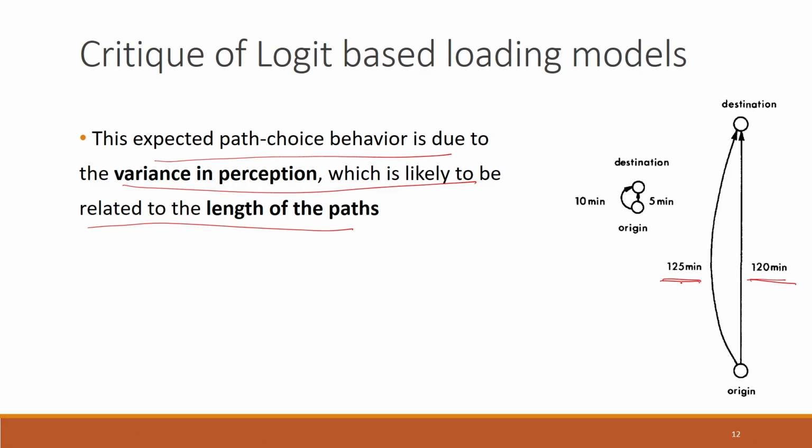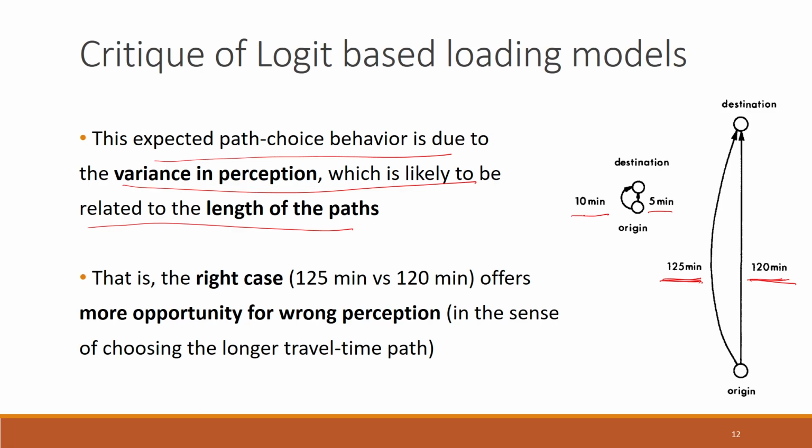So people might almost choose this as equal as this. So the likelihood of choosing this path might be as close as choosing this path, whereas it might not be the case here, even though the difference of the measured travel time across these two paths is the same. So that is what it is saying, the right case here offers more opportunity for wrong perception in the sense of choosing the longer travel time path.